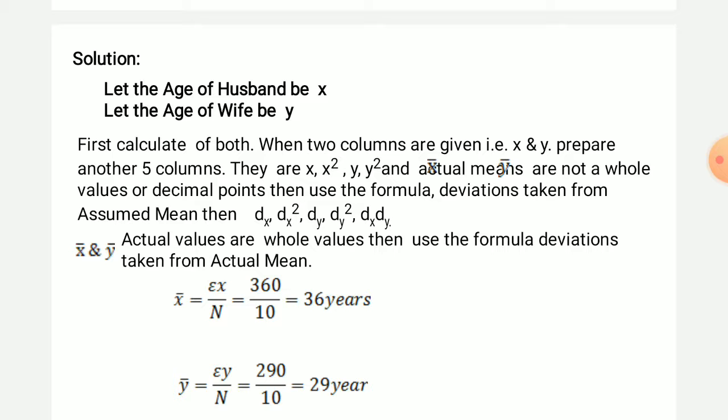They are x minus x bar is equal to x, then x square, y minus y bar is equal to y, y square, and xy. And if the actual means are not whole values but decimals, then we can use the formula taking deviations from assumed mean, like x minus a is equal to dx, dx square, y minus a is equal to dy, dy square, and finally dx into dy is equal to dxdy. Here the actual values are whole values, meaning the actual mean is whole, so we can use the formula by taking deviations from the actual mean.